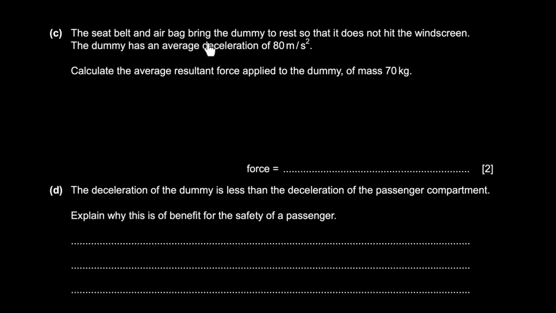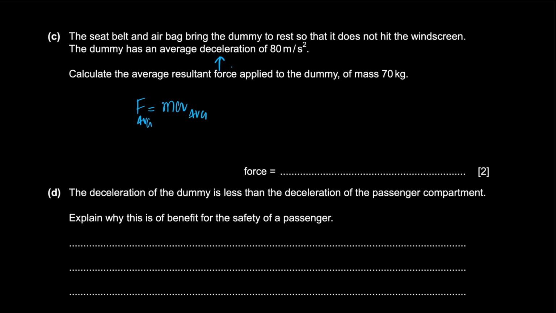The seatbelt and airbag bring the dummy to rest so that it does not hit the windscreen. The dummy has an average deceleration of 80 meters per second squared. Calculate the average resultant force applied to the dummy of mass 70 kilograms. This is going to be, again, F equals ma. I know it says average, but that's the average deceleration anyway, right?